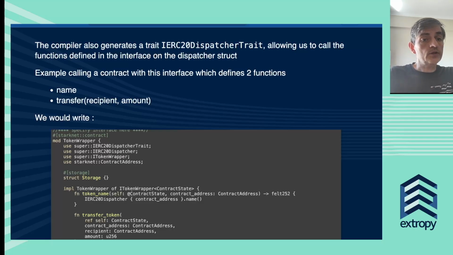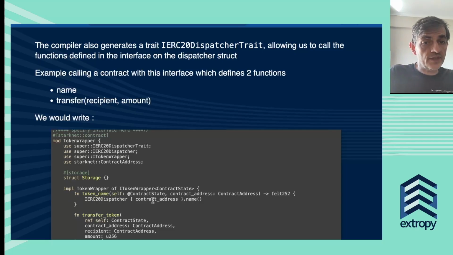from that. So the first function we've got here, token name, has a variable self, and it takes a snapshot of contract state. We also need the contract address that we are wrapping around, and this is going to return us a felt, which is going to represent the name of the contract. And then to do the actual call to the other contract, we use the dispatcher that has been created for us.